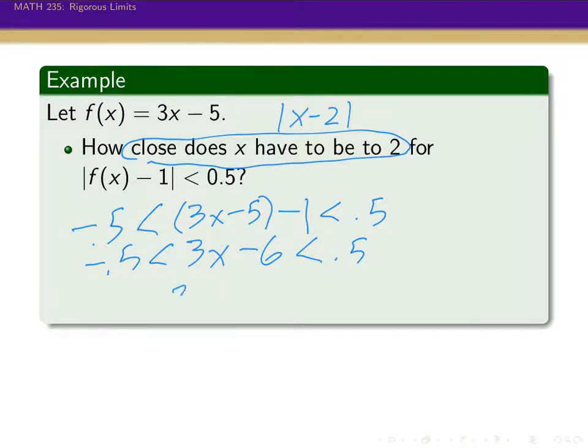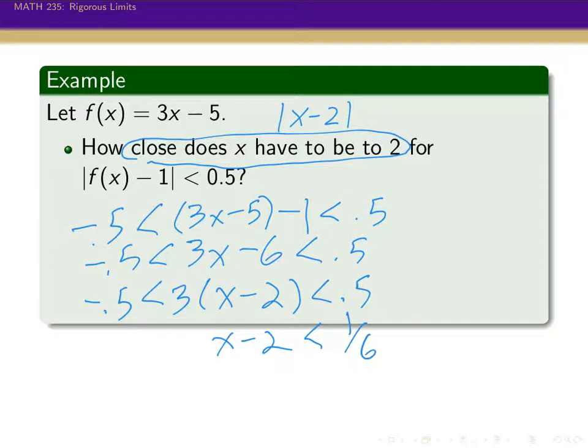I can pull a 3 out of this, and I'm left with x minus 2. Right. And then I want x minus 2 by itself, and so I can divide by 3 on each side. And so x minus 2 less than a half divided by 3, that's less than a sixth. And then on the other side, I'll be greater than minus a sixth.